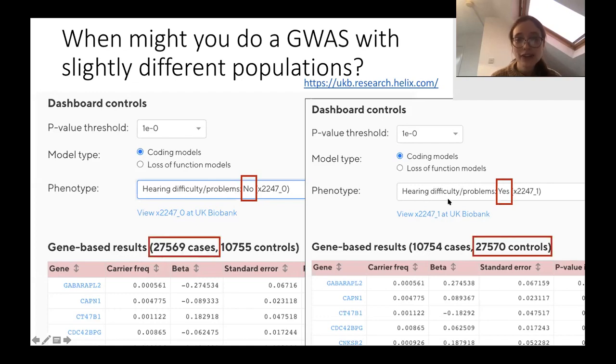If you look carefully, you can see that there's only one person who responded neither no nor yes to this question. They release information about the carrier frequency, the betas, and the standard error, which is the kind of information which we use to do a reconstruction attack.